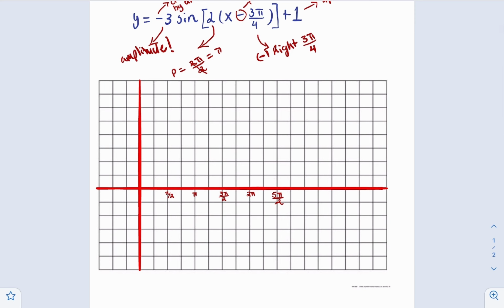So now one block would be equal to pi by 4, since that is 2 pi, pi by 2 divided by 2. Now, what is pi by 4 times 3? It's equal to 3 pi by 4. So this block is actually 3 pi by 4.